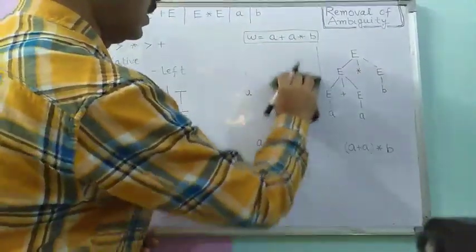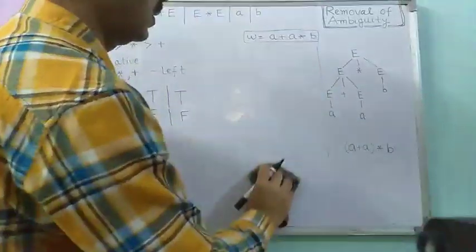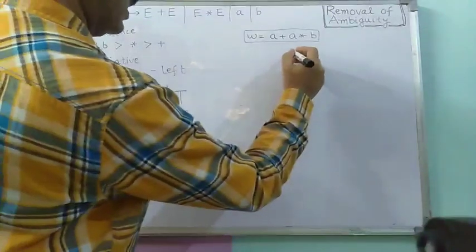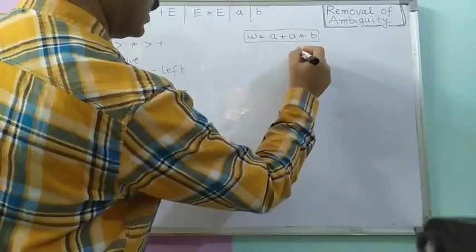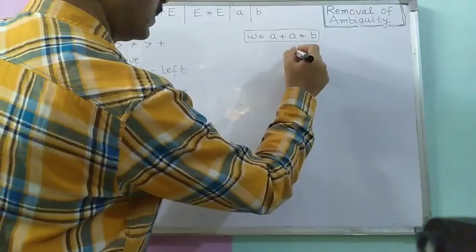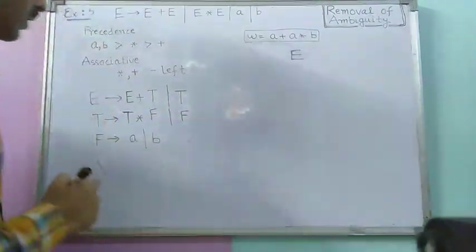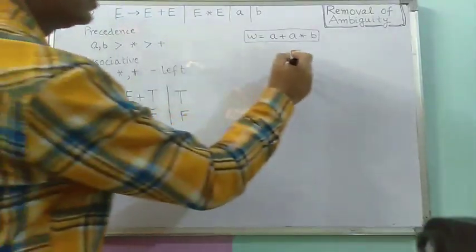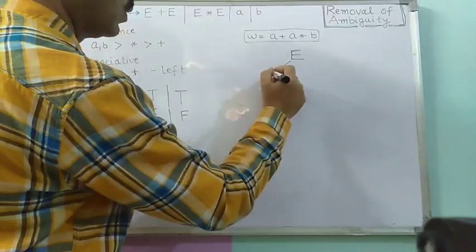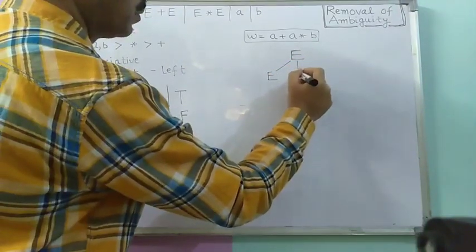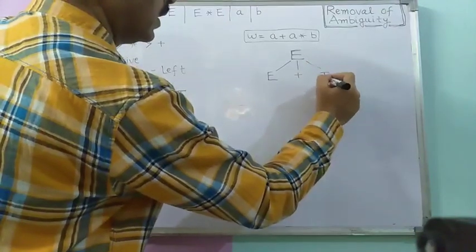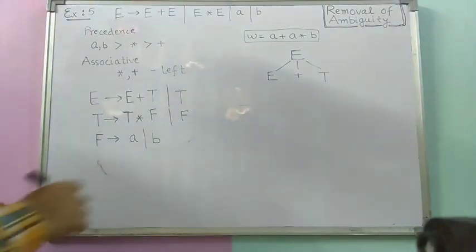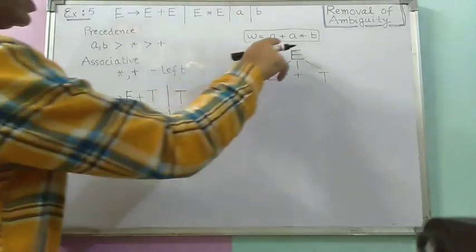Again we are starting from E. Here we want plus, so we have to use E plus T. Now through this E, what do we want to generate? We want to generate A plus A.